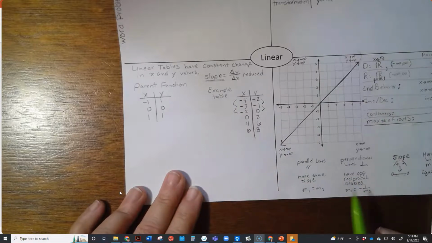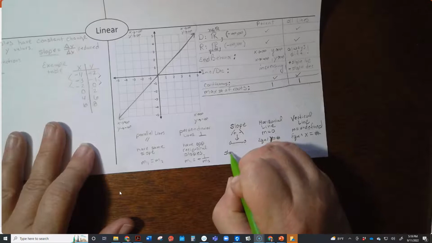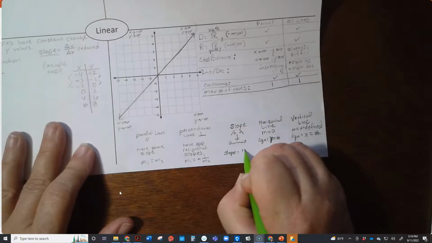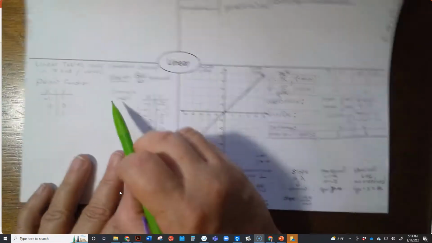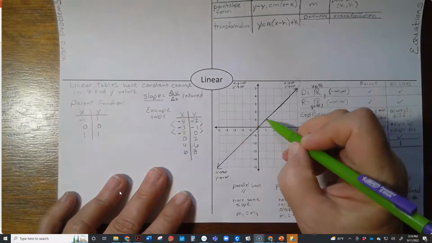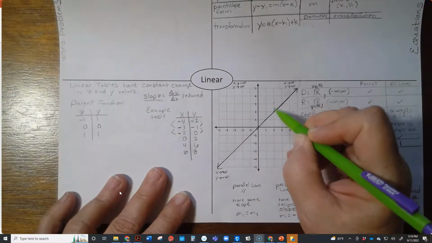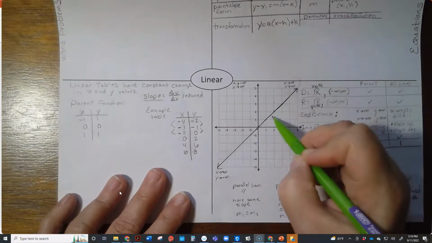I don't think I've written it down anywhere, but we can do it over here. Let's write down slope is equal to rise over run. That's probably the definition that you remember most, and that's what the change in y is going to be, your rise. How much are you going up to get from one point to the next, and then the run is how far over do you go to get from one point to the next.